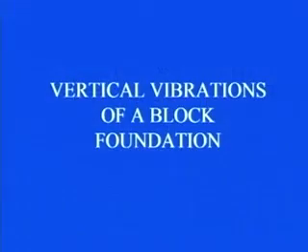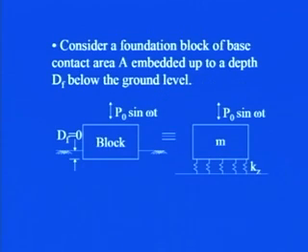So, first let us have a look at how we can estimate natural frequency as far as vertical vibration of a block foundation is concerned. You can see here that you consider this block of contact area A embedded up to a depth df below the ground level.